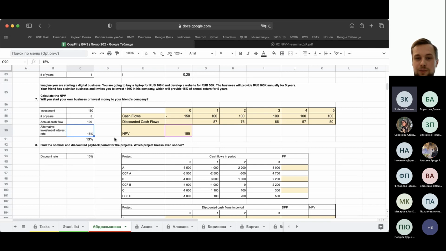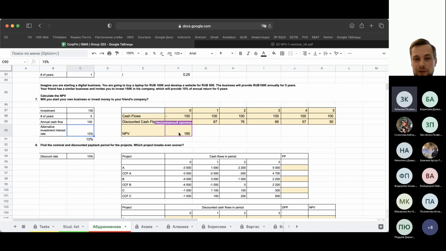And we should compare these two opportunities. And for this purpose, we calculate the NPV of our own project of starting our own company. The discount rate will be 15%. It's the rate of the alternative investment opportunity that our friend suggests to us.